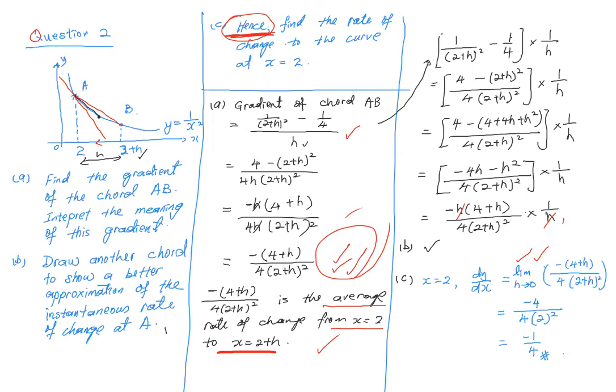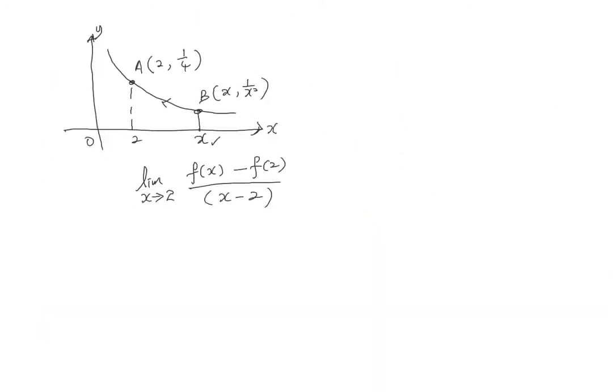But for this case, the difference is x minus 2. So this is where you get the gradient, y2 minus y1 over x2 minus x1. So you don't memorize the formula by heart only. Because if my x2, I write it as 2 plus h, then it will be 2 plus h minus 2 here.